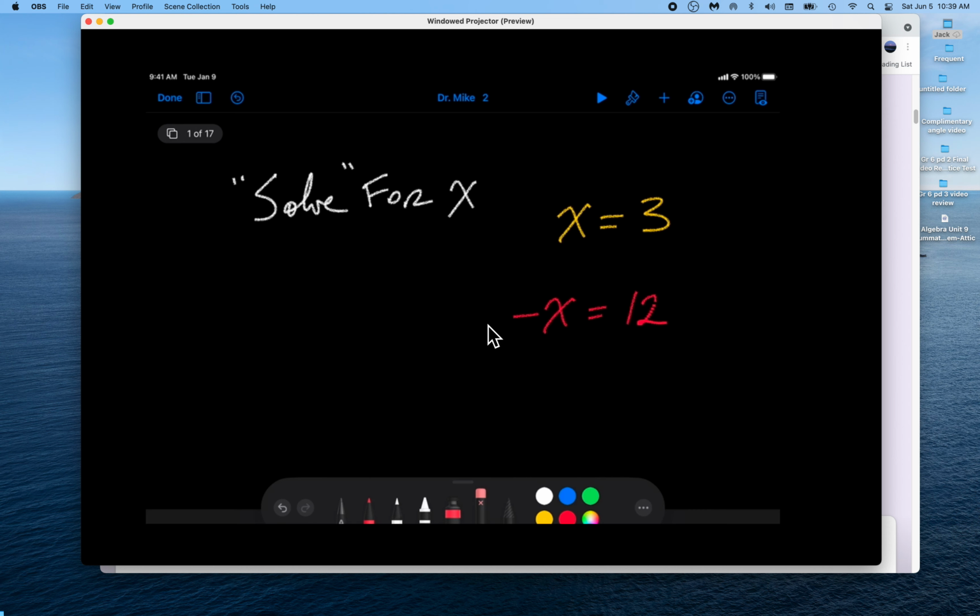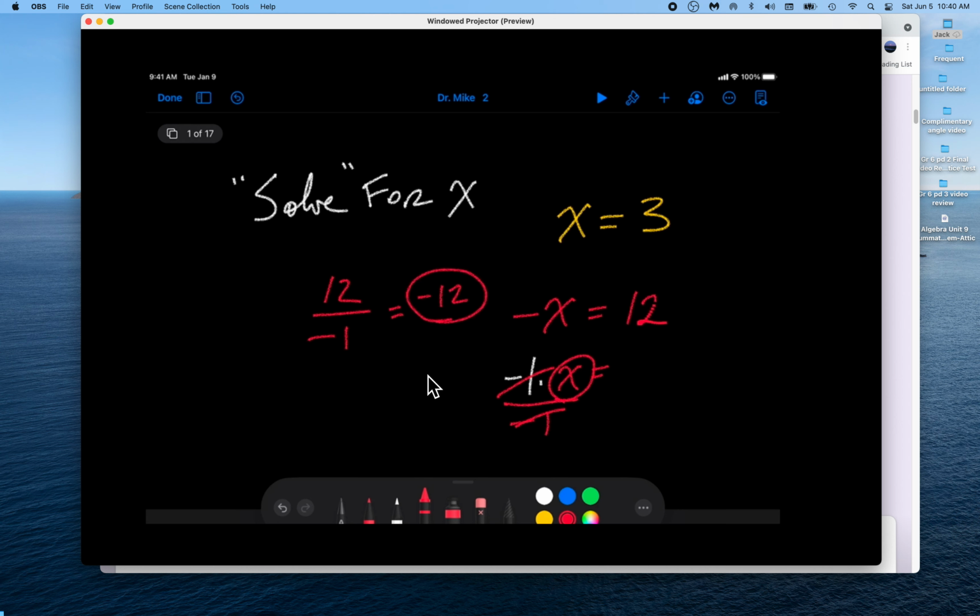That negative sign is the same thing as saying negative 1 times x. That is not solved for x. So in this case, you would have to divide both sides by negative 1. Now x is isolated. And 12 over negative 1 would become negative 12. Remember, when you have a positive and a negative and you are dividing, your end result is negative.